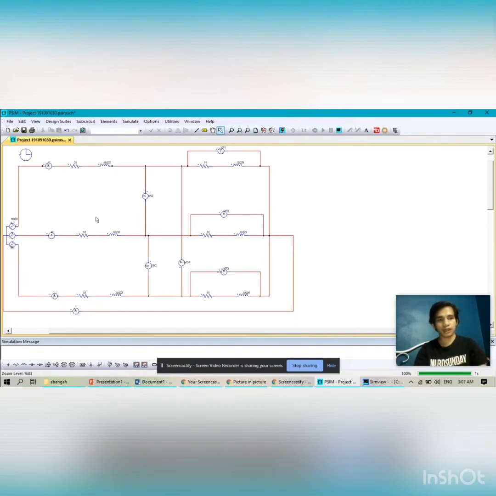For line 1, line 2 and line 3, we use a resistor of 51 ohm and 0.032 for the inductor.